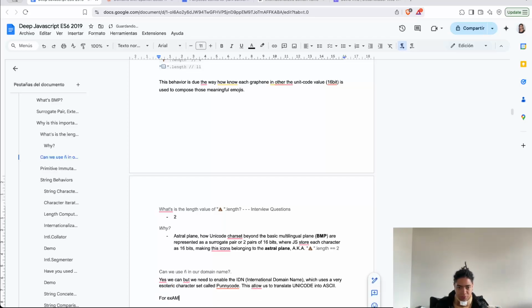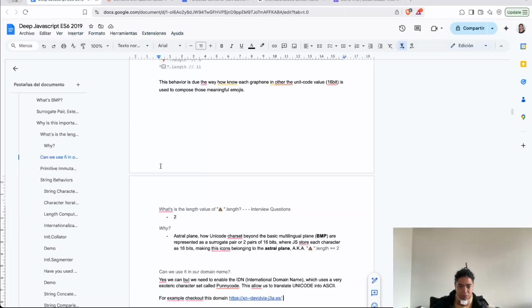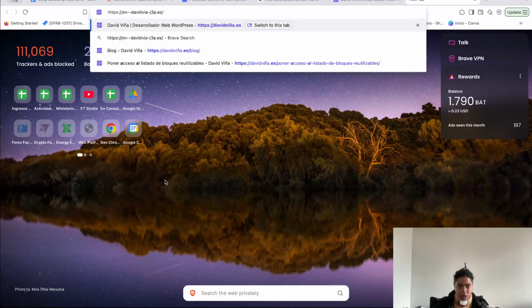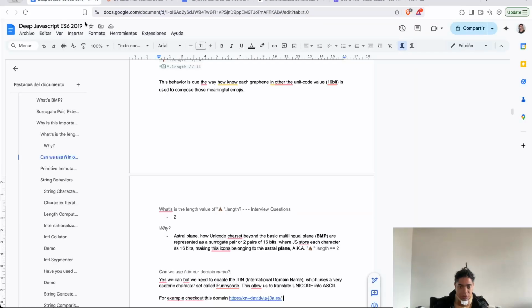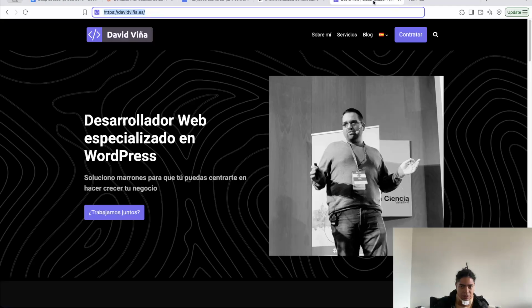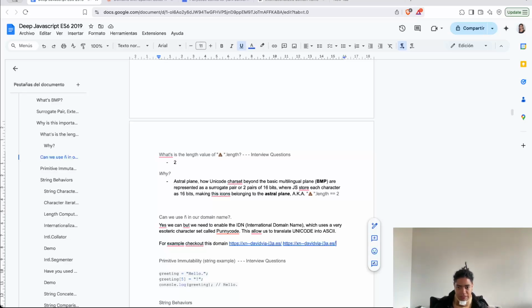So for example, check out this domain. Despite what I'm copying here, look at how it copies. It copied with these ASCII characters.